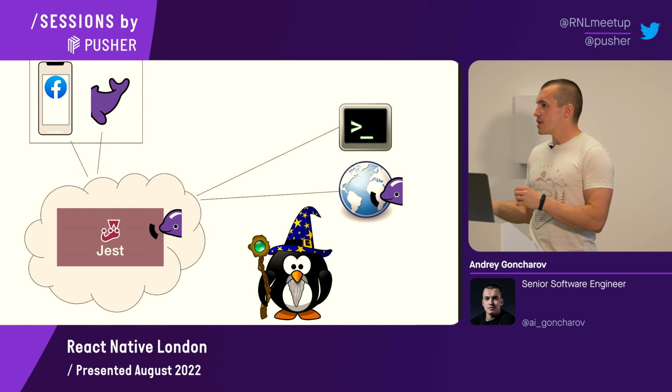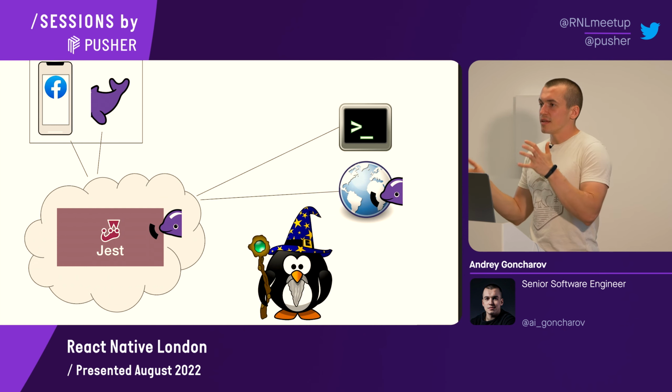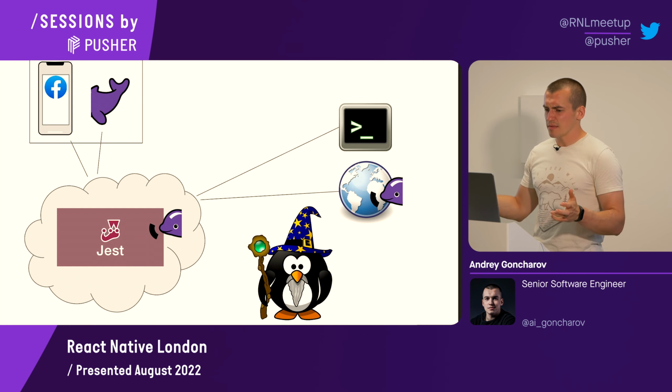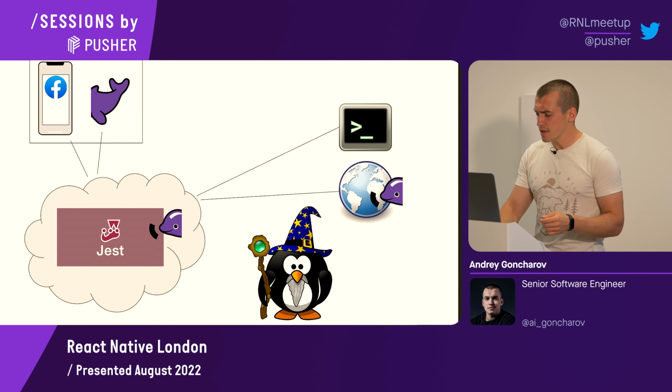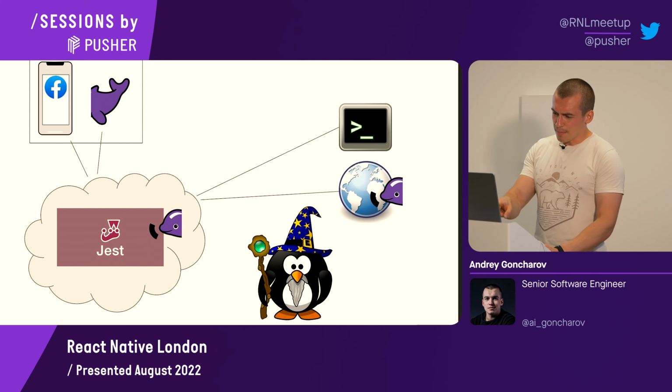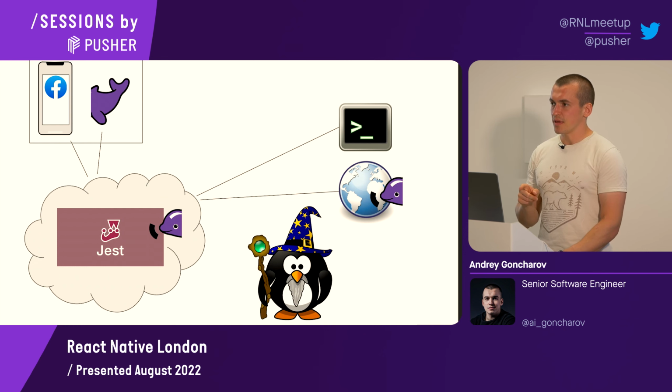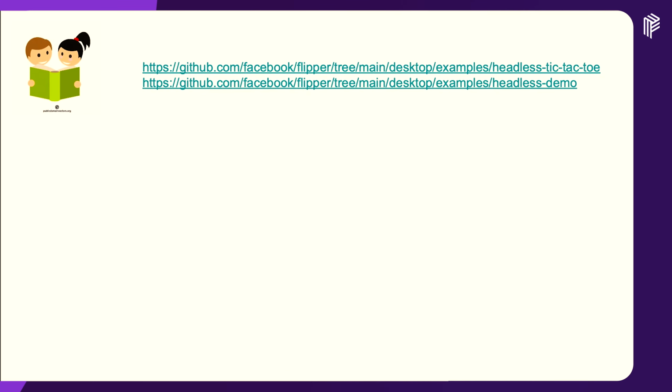You could use Flipper to send a message pretending to be that hardware and then expect something to happen on the device. So once again, the potential here is pretty much unlimited. We haven't really implemented that bit yet. So if you decide to give it a try, we would be very happy to hear from you on our Twitter or on GitHub.